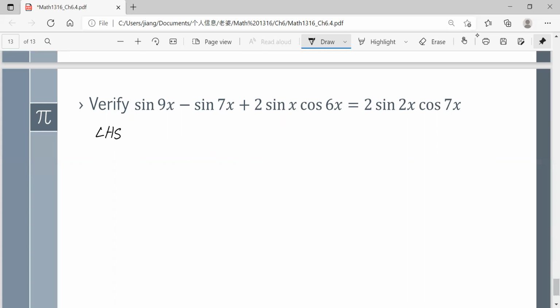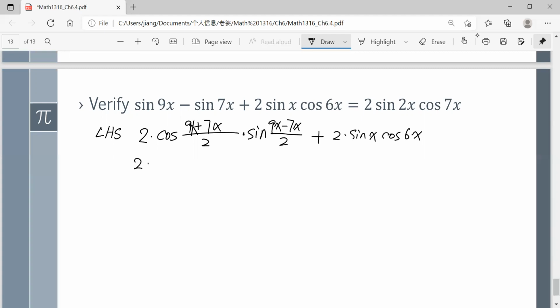Sine minus sine: first I put the 2 here, and because it's minus, we need to have cosine in front. Cosine of 9x plus 7x, times sine of 9x minus 7x, and then bring down the term 2 times sine x cosine 6x.